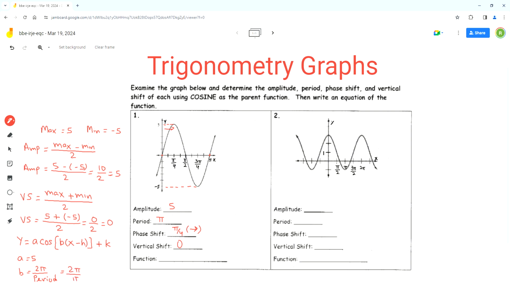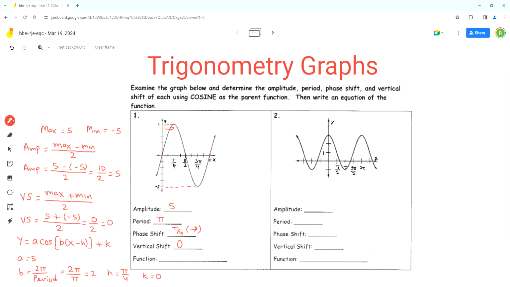So we do 2 pi over pi, which is equal to just 2. Now the h value is the phase shift, and in this case the phase shift is to the right side, so the h value is positive, so h is equal to pi over 4. And the k value represents the vertical shift. In this case there is no vertical shift, so k is equal to 0.